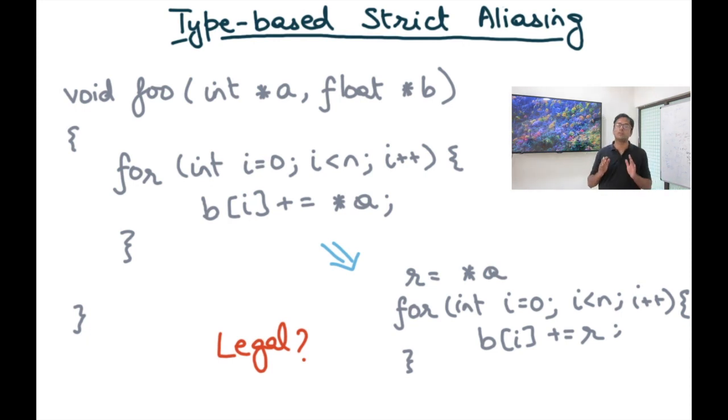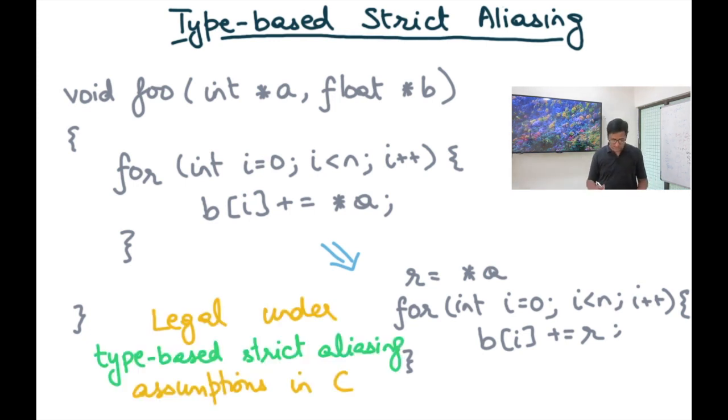So the designers in the case of C decided to leave that responsibility to the programmer. In the case of Java, they decided to do runtime checks to make sure that the programmer is not doing the wrong thing. So in this case, this transformation is legal if you make the type-based strict aliasing assumptions, which are based on the type-based strict aliasing undefined behavior semantics of the C abstract machine.